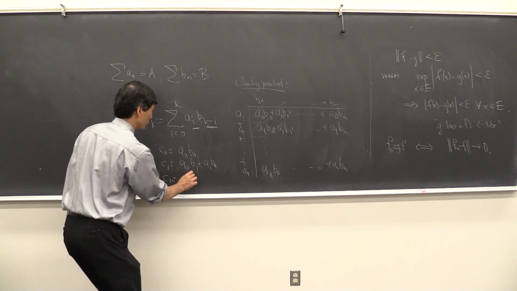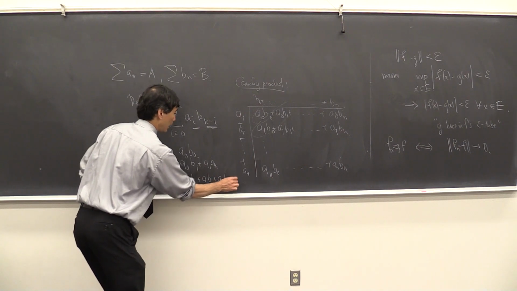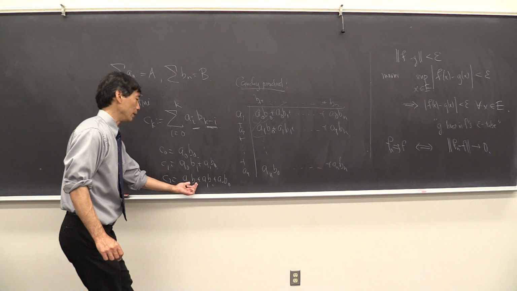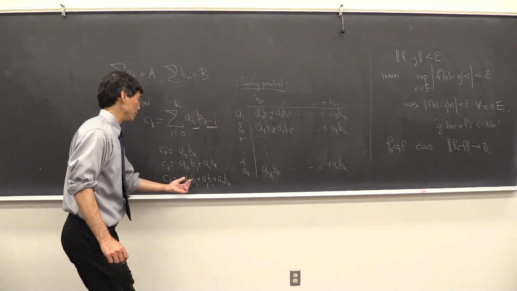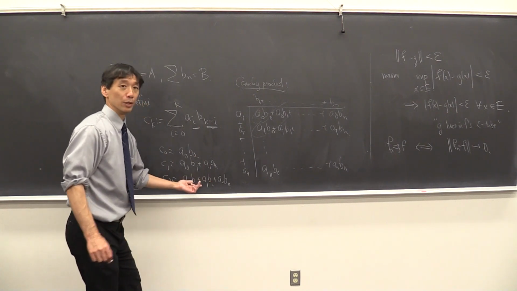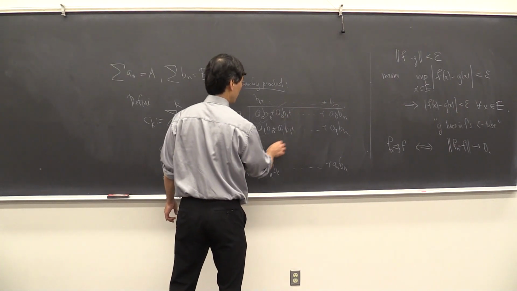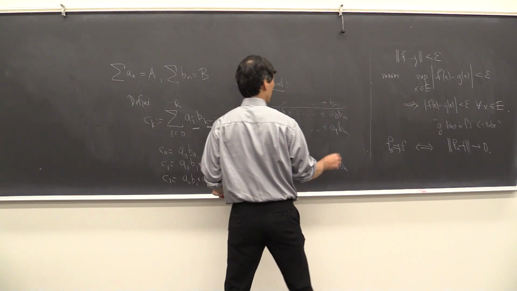C2 is going to be A0B2 plus A1B1 plus A2B0, and so on and so forth. So you get all possible terms whose indices add up to 2, and those give you this thing.